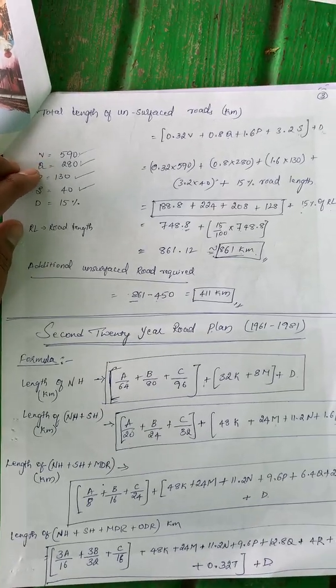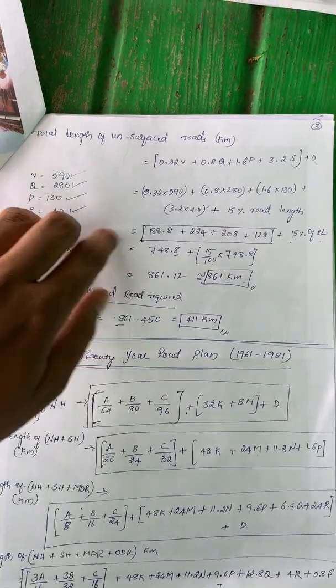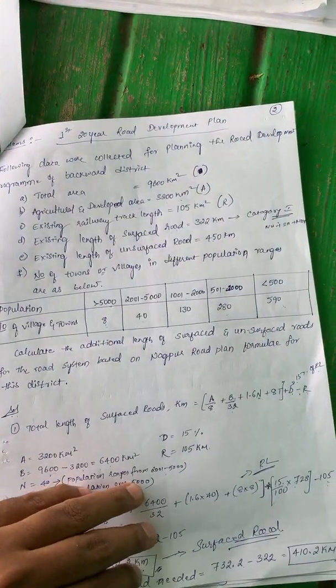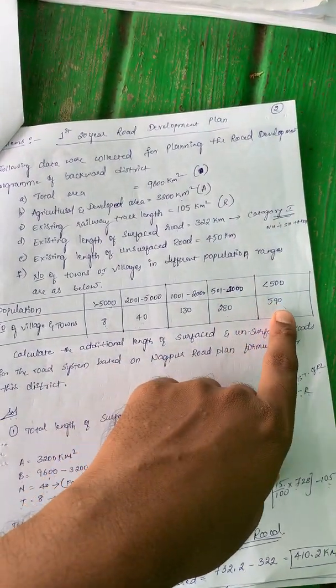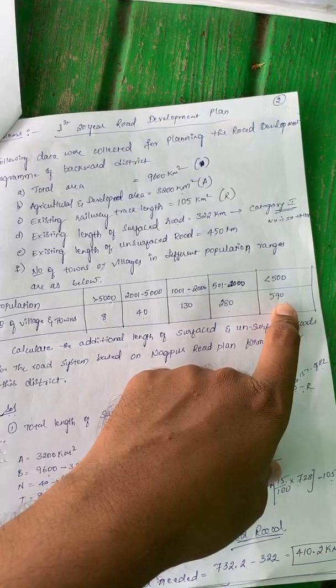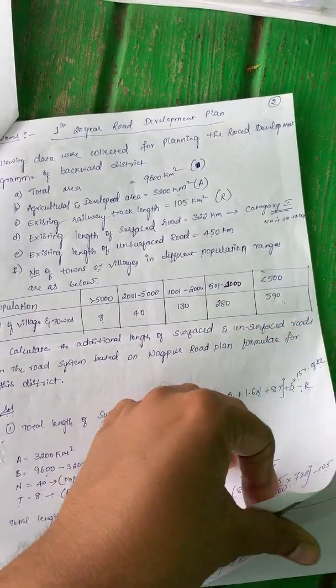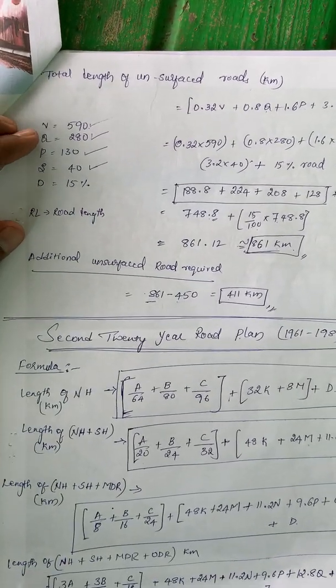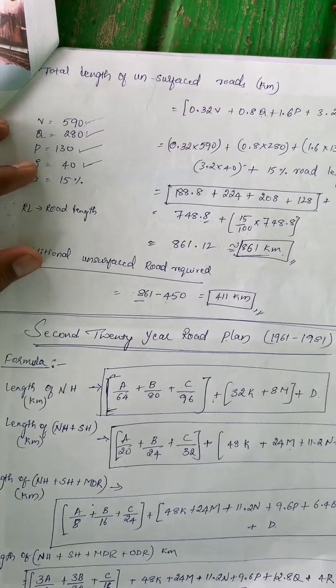For V it is 590, so 0.32 times 590. They have given that less than 500 population indicates 590. Like that we have to take the values of V, Q, P and S from the tabular column.